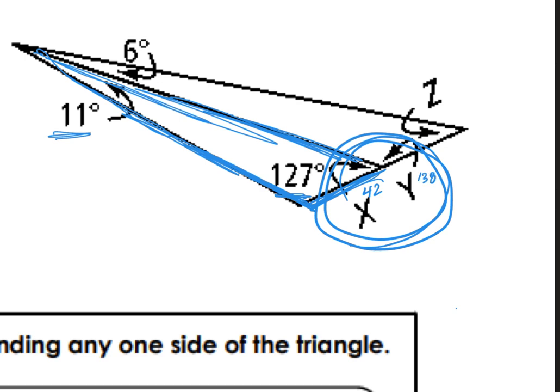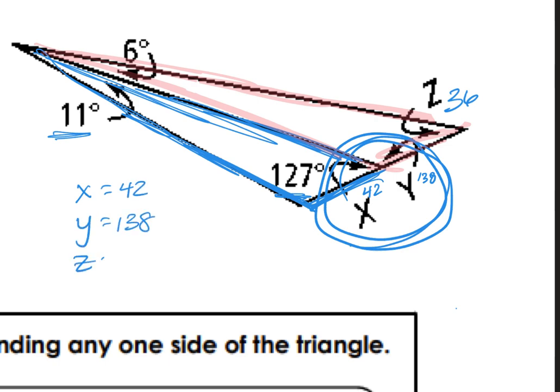And now we have the 2 numbers on the other triangle, so now we can use this triangle up here. And we do 180 minus the 6 minus the 138, and that tells us z is 36. So we have x equals 42, y equals 138, and z equals 36.